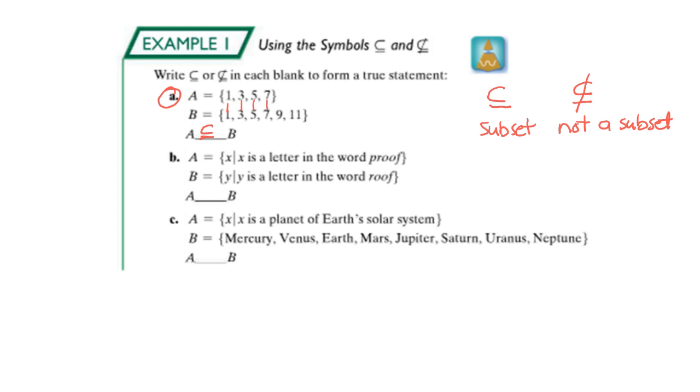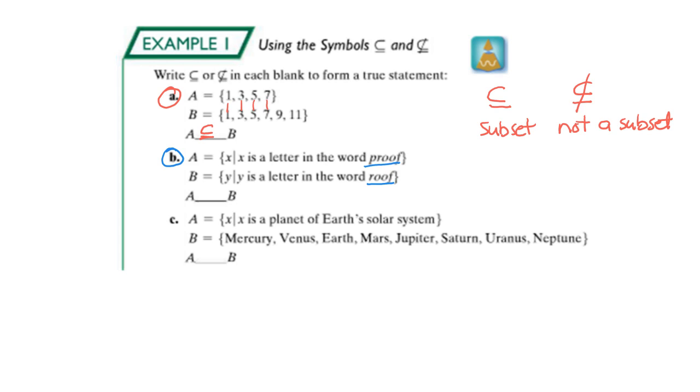Part B, the first set is x such that x is a letter of the word proof. And set B is y such that y is a letter in the word roof. All right, when you are thinking about this, maybe you can write this out in roster method if you'd like to.